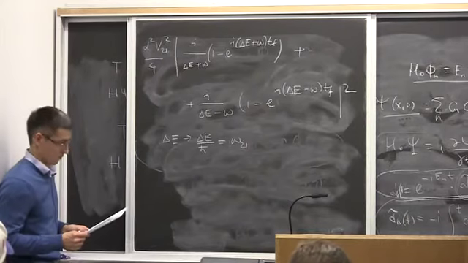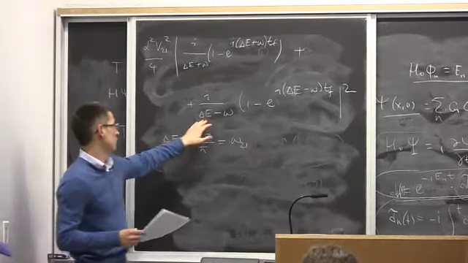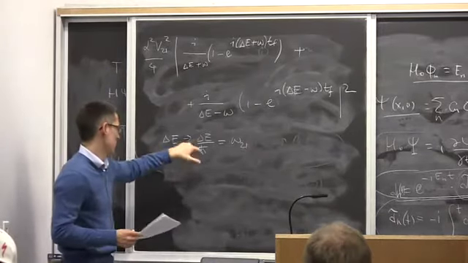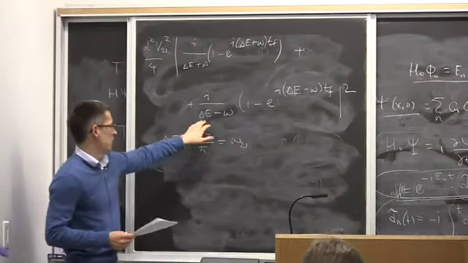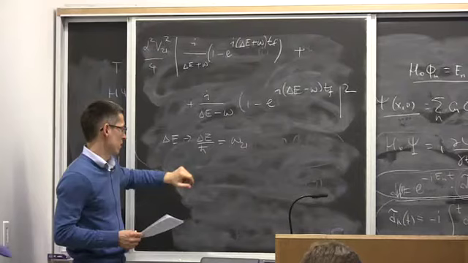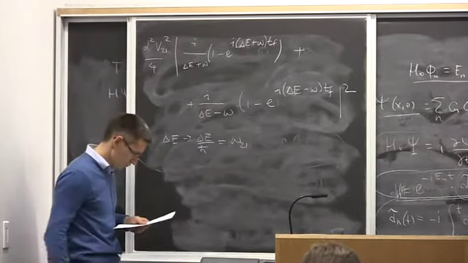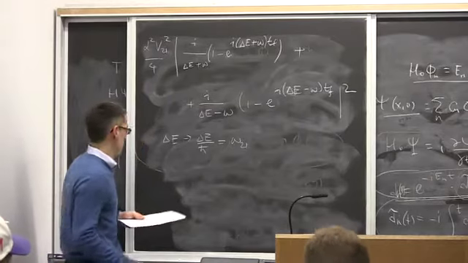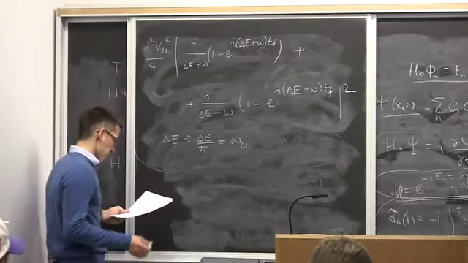Okay, so if we would keep track of h bar, then it would be not delta E, but delta E divided by h bar. So unit-wise, delta E must first be divided by h bar so that we can subtract frequency. But in atomic units, h bar is 1, so you can write things like that.